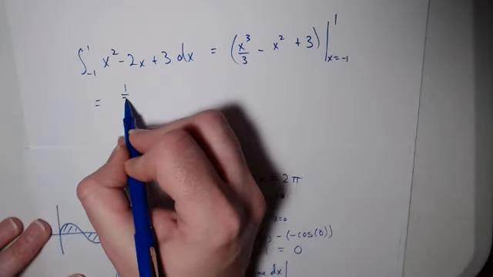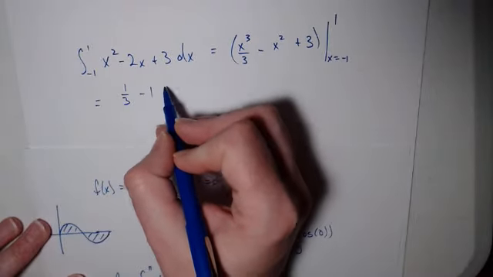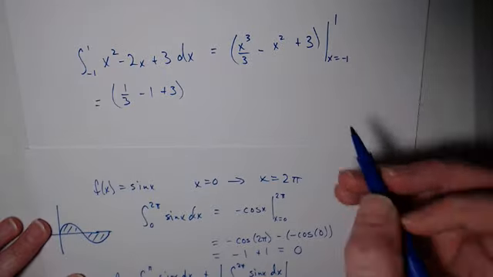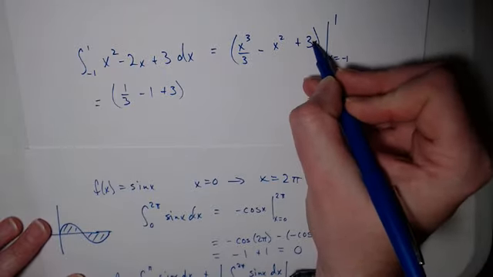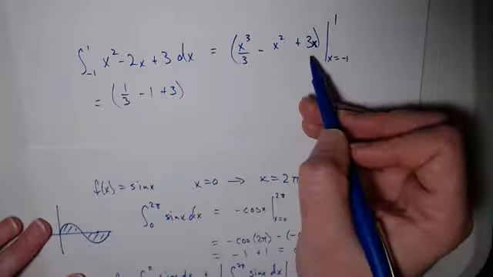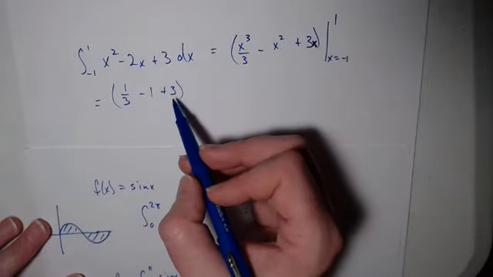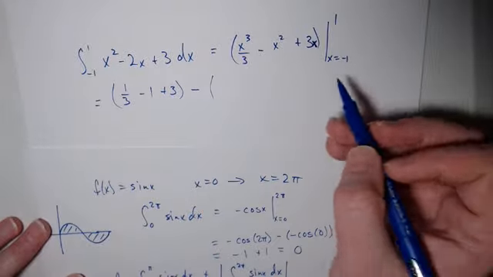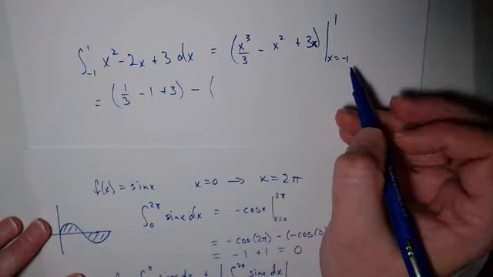So that'll be 1/3 minus 1 plus 3. That should have been 3x. The antiderivative of 3 is 3x. That's still a plus 3 there. Minus the same antiderivative with minus 1 plugged in.